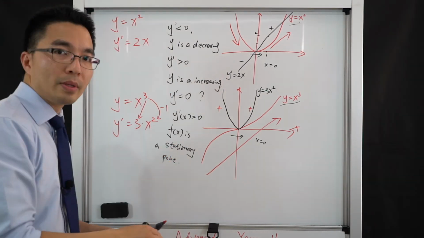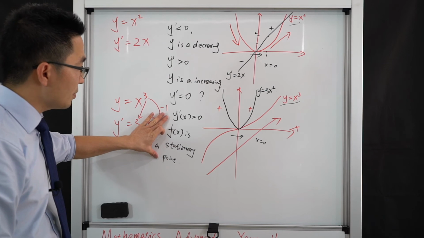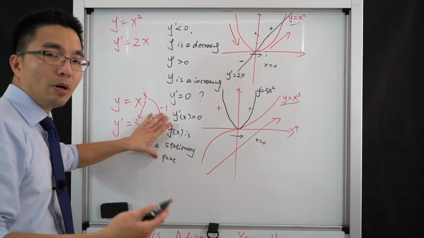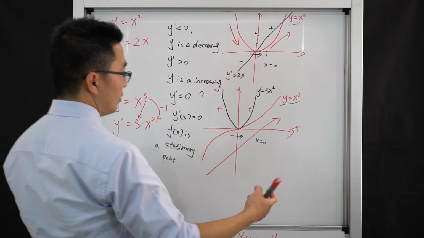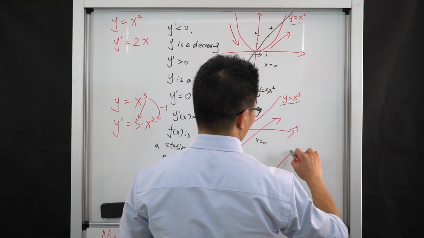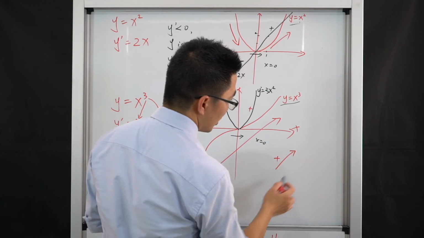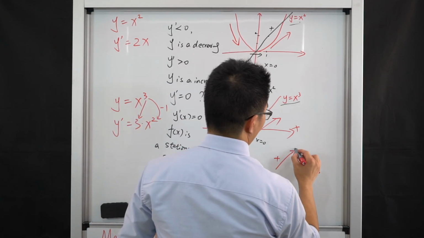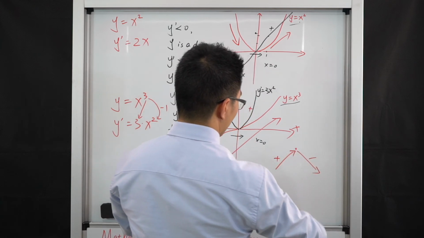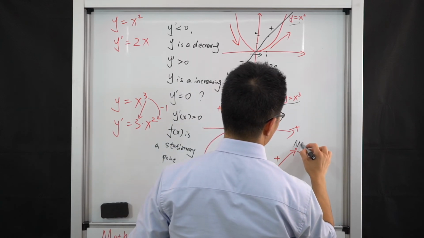Okay, we can use this to find a maximum or minimum of a function in two situations. If a function is increasing over here and then decreasing, then we can find a maximum point over here, a maximum.